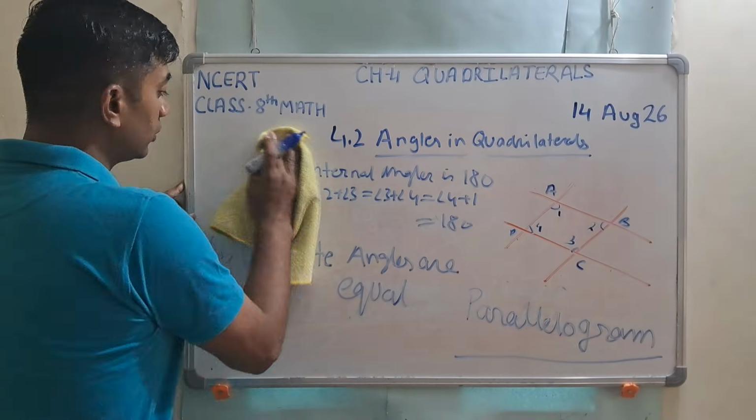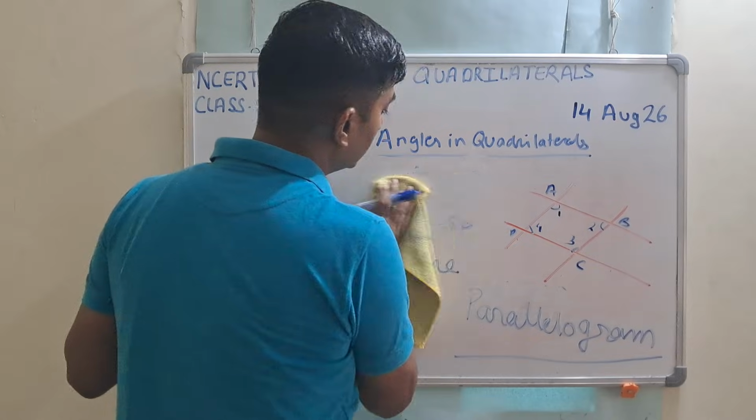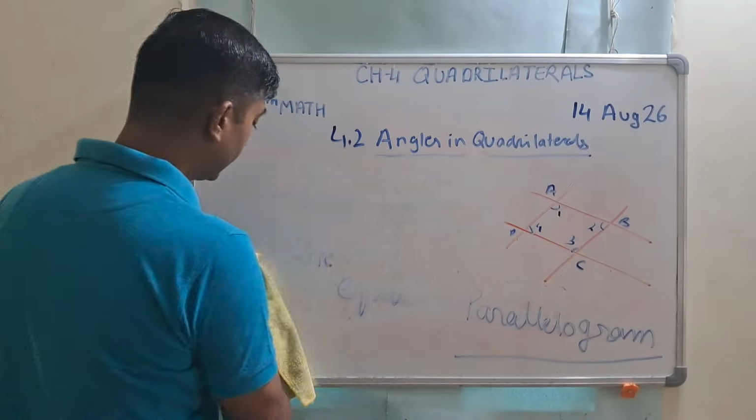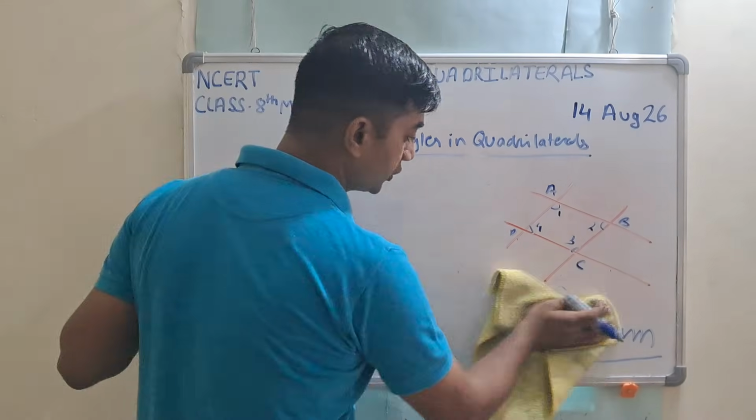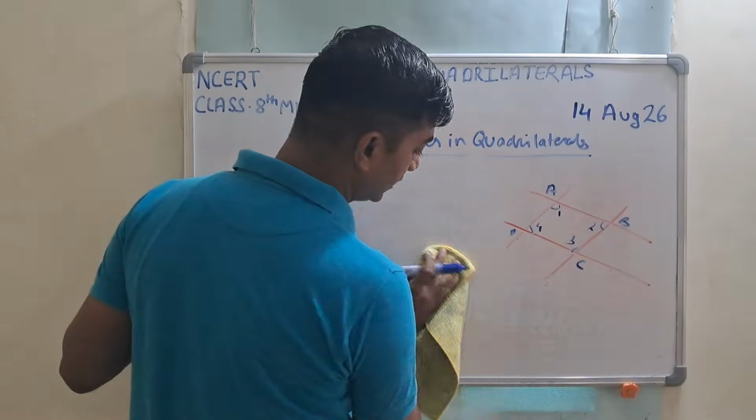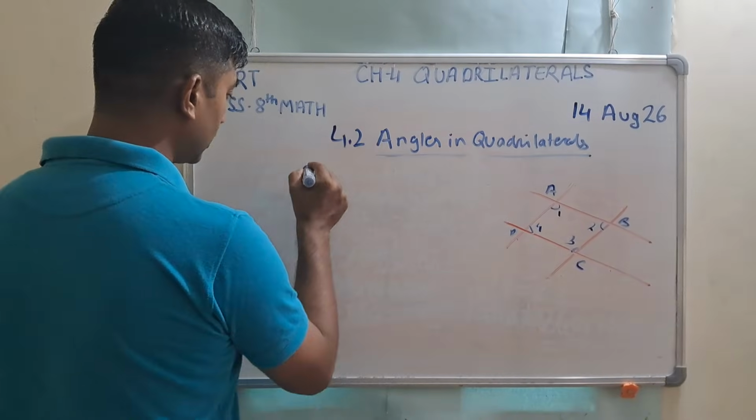Now if you see in the case of square and rectangle, all the internal angles are 90.